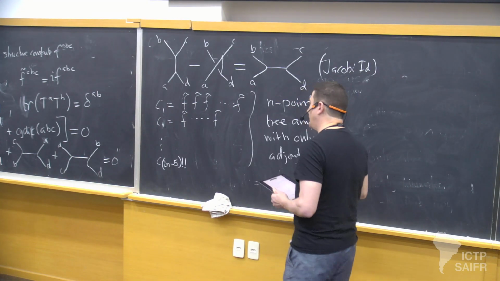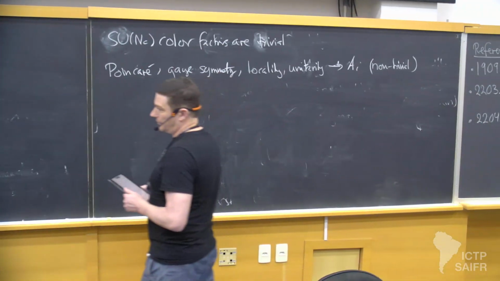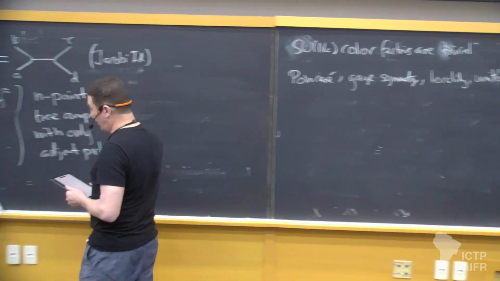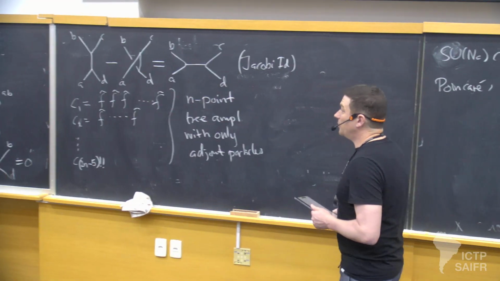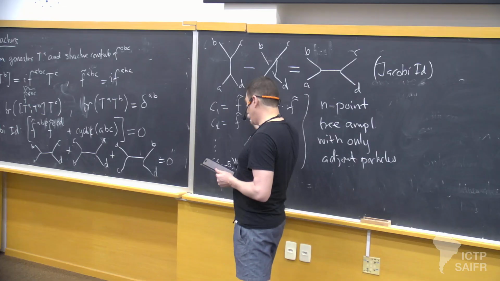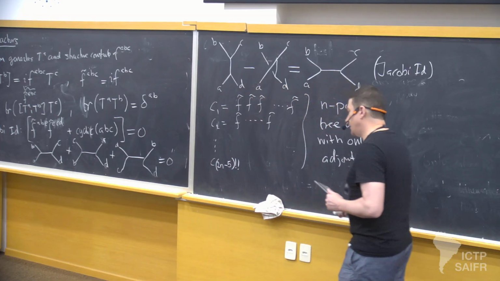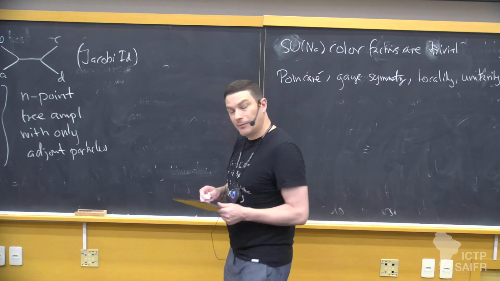And I didn't say anything about what theory this is or which gauge group it is or whatever. Is it supersymmetric? I don't care. I'm just saying that if you just list all of your cubic diagrams that you can construct out of contracting fABCs, you get exactly (2n minus 5) double factorial.